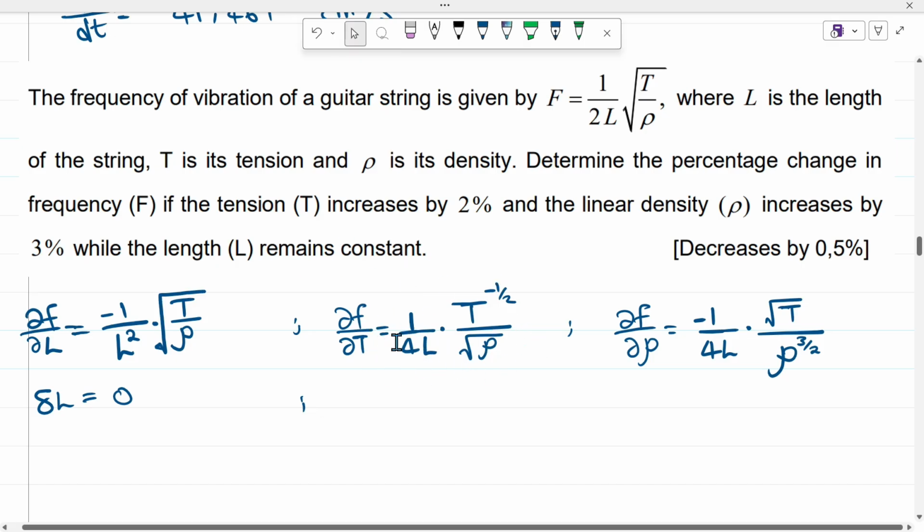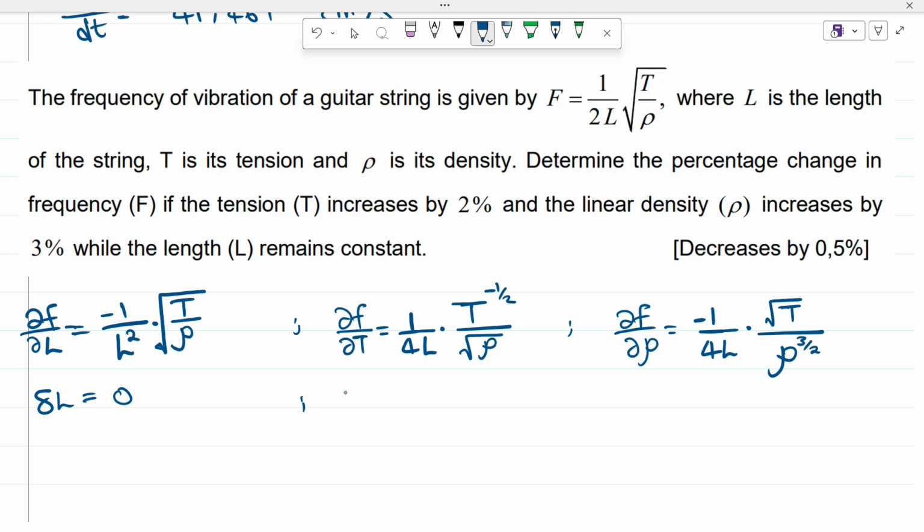We just take what we are given there. The percentage change in t is 0.02, so the change in t is 0.02 t. And then this other one is for density.